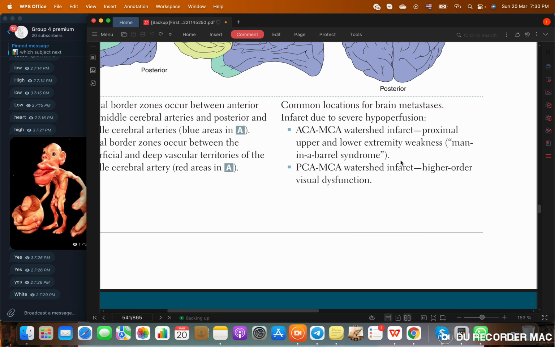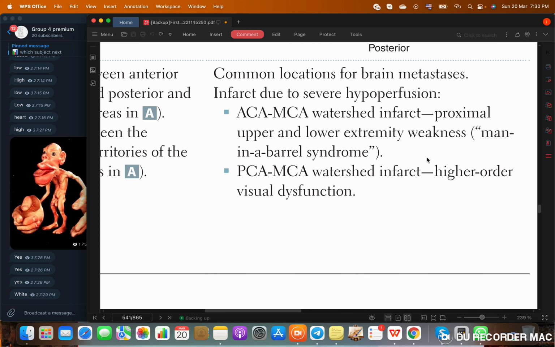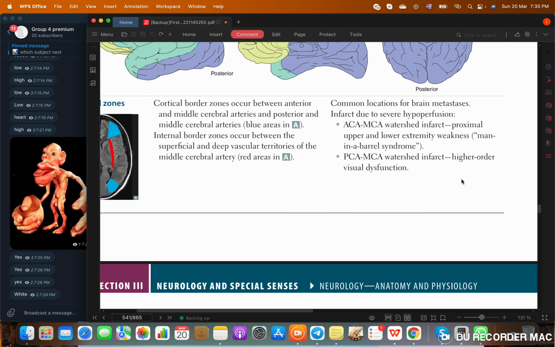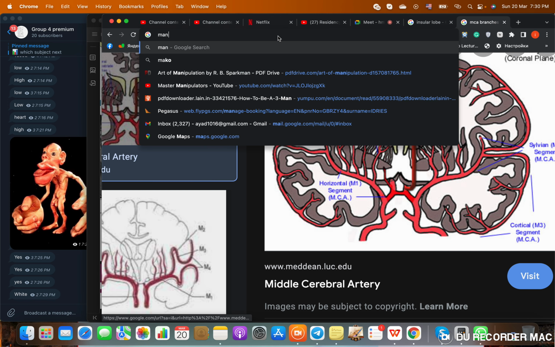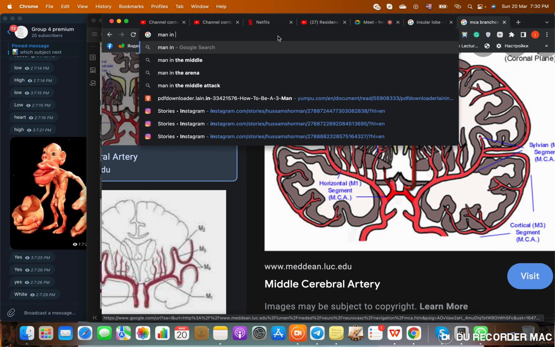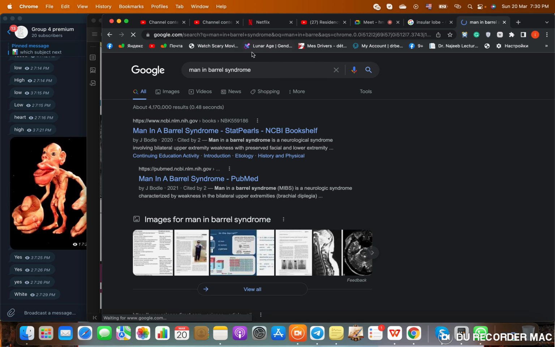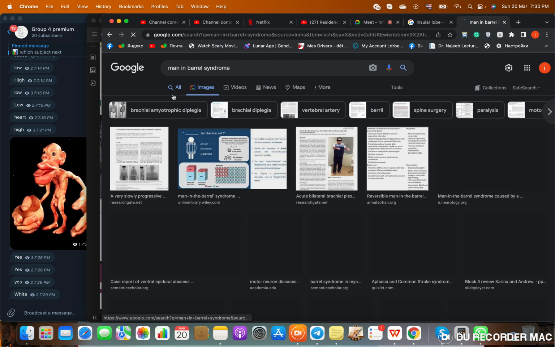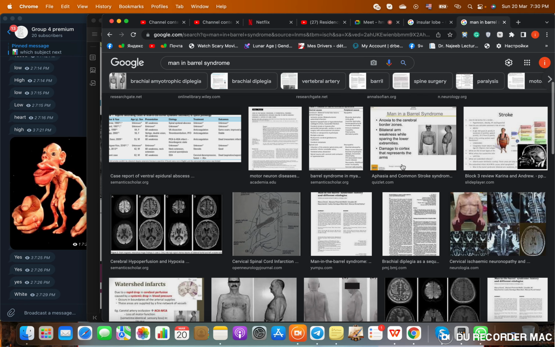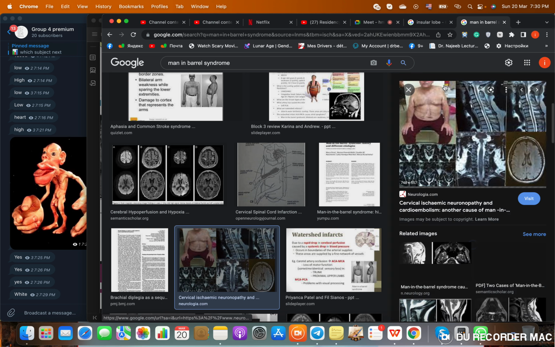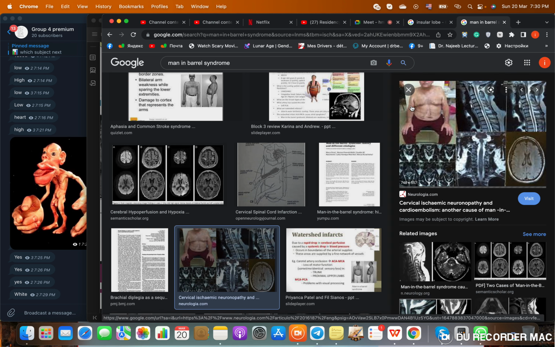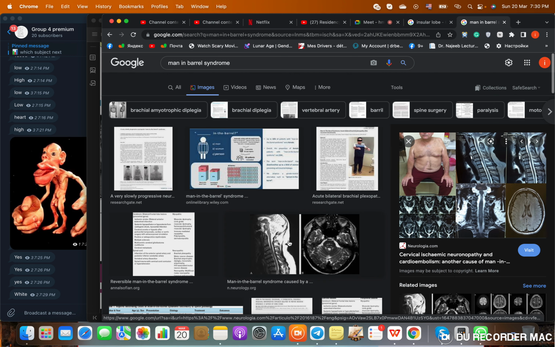Okay. ACA, MCA watershed area infarction will lead to proximal upper and lower extremity weakness, which is man-in-barrel syndrome. We spoke about it before. It can also happen in some diseases affecting the brainstem. Anyway, with man-in-barrel syndrome, they basically have weakness in their shoulders, in their hands especially, but in their shoulders more often, and in their thighs.